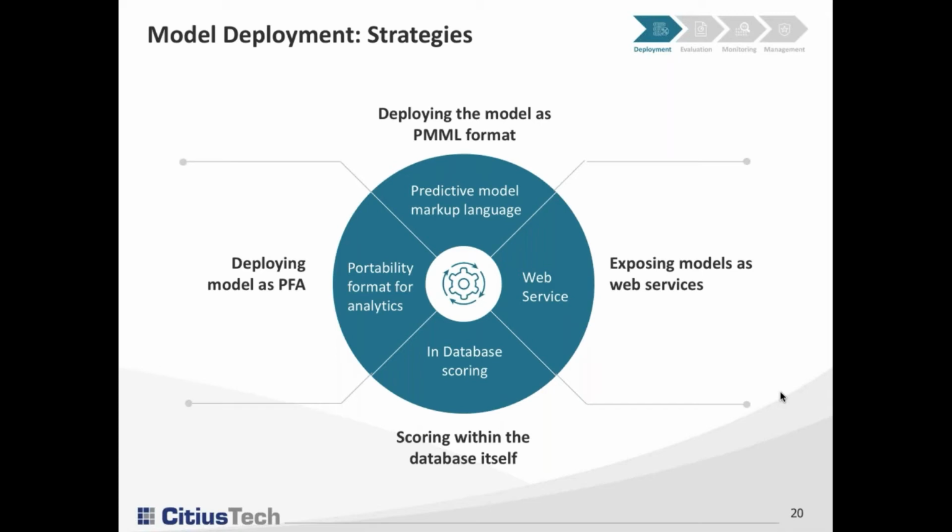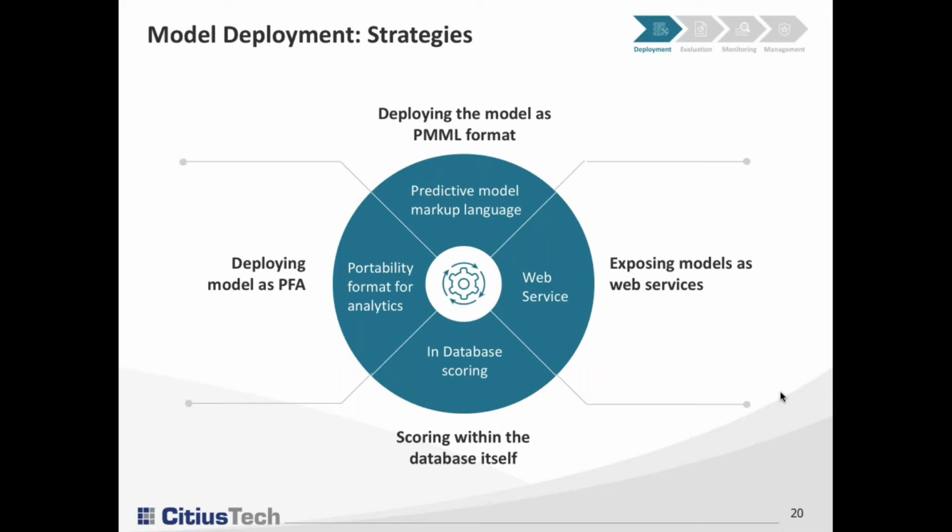The pros here are that it's widely supported, and model development and deployment become platform independent with this kind of approach. One of the cons is limited support for computational models. So for the more advanced models, this doesn't have the necessary requirements in order to deploy across environments.